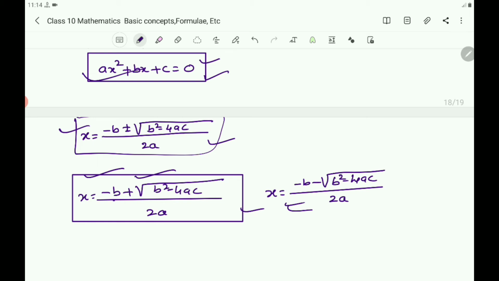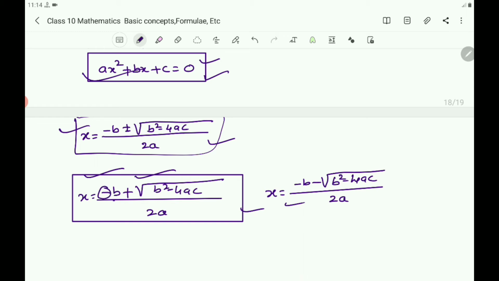But what is wrong, what wrong thing can you observe here? Both the factors have these two, and those two may have plus only, or both of them may have minus, then they are wrong.